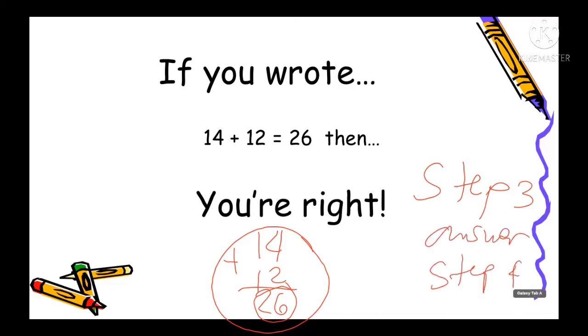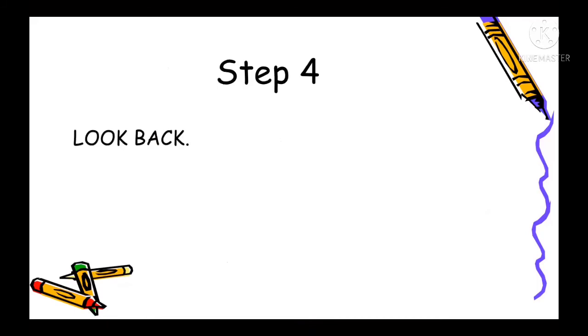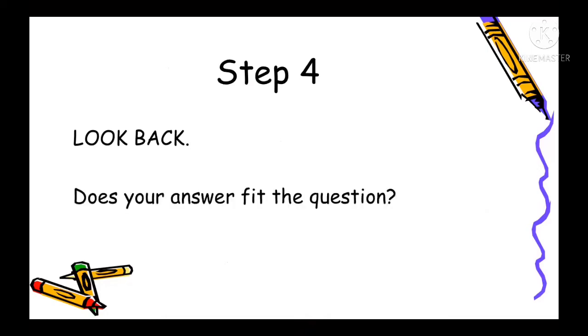What is that step 4? Our step 4 is to look back. Why do we need to look back? It's because we need to figure out if our answer fits the question.